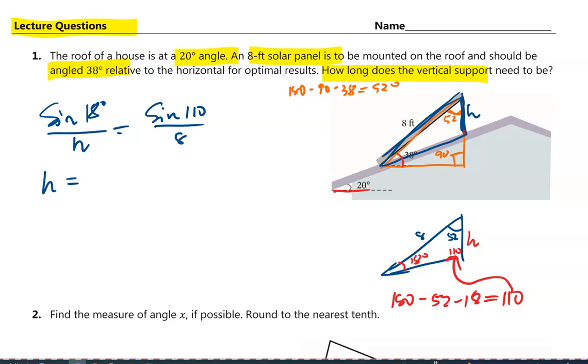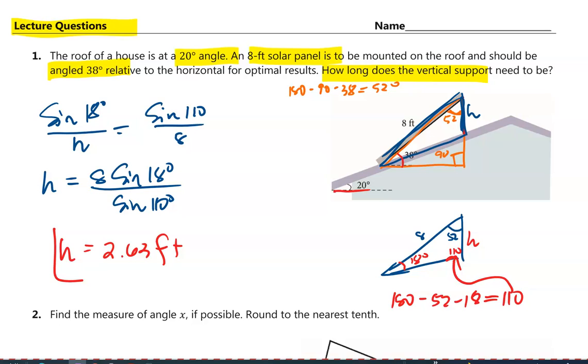Then isolate the height h. So h is equal to 8 sine of 18 degrees over sine of 110 degrees, so that h is equal to 2.63 feet.